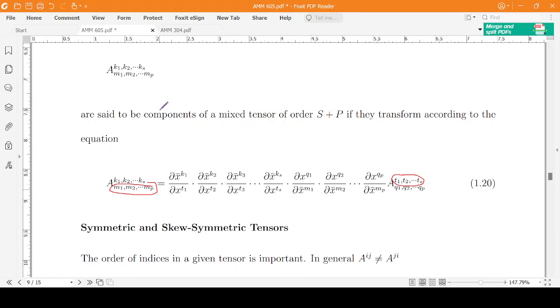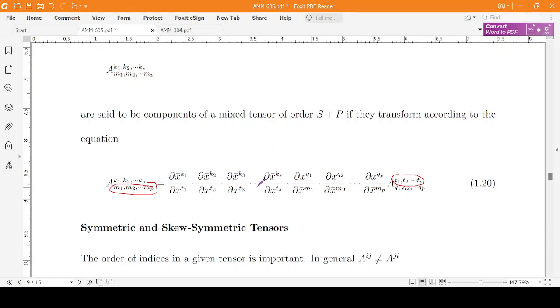Notice that s is the total number of contravariant indices and p is the total number of covariant indices, so that s plus p is the total number of indices in that tensor.